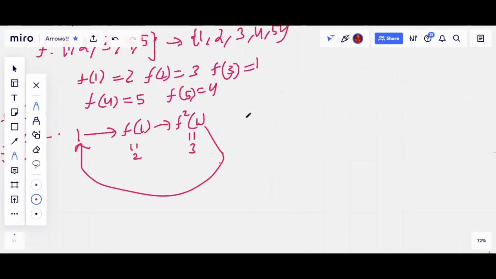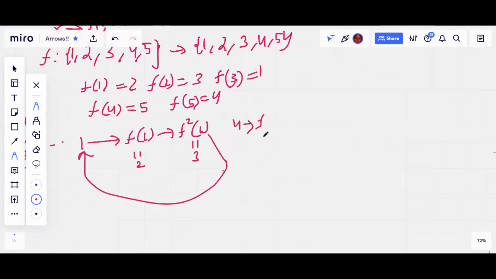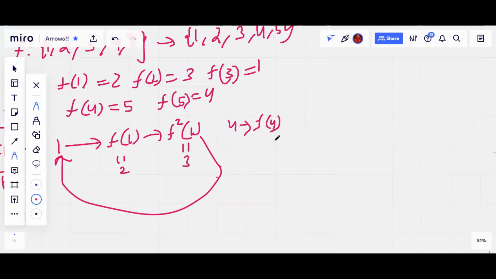Similarly, you have 4 maps to f of 4, which is 5, and f squared of 4 equals f of 5, which is 4. So similarly, you can just draw an arrow directly. So this is also a cycle of length 2.